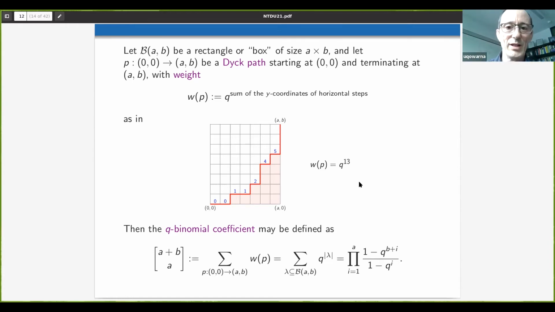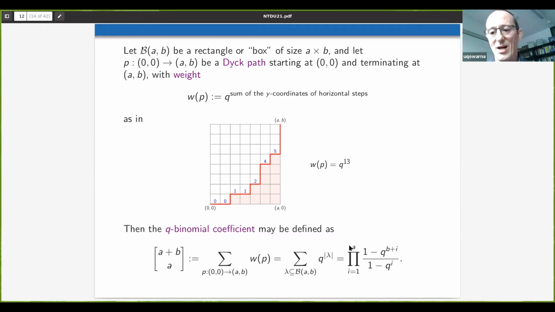Okay, so the generating function of partitions that fit inside a box or a rectangle of dimensions a, b, well, by definition I call that the q-binomial coefficient. And so that's just the sum over all paths from the origin to (a, b), where the weight of a path is given by q to the power of the sum of the y coordinates.